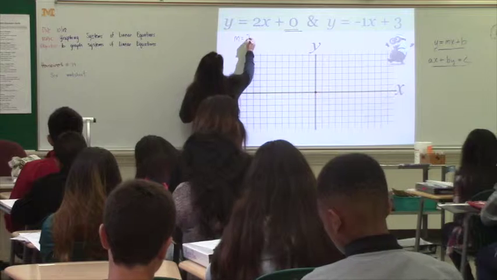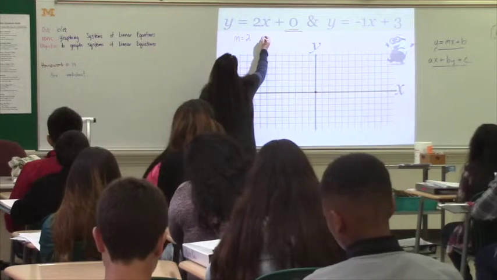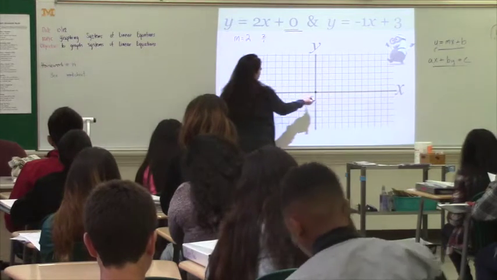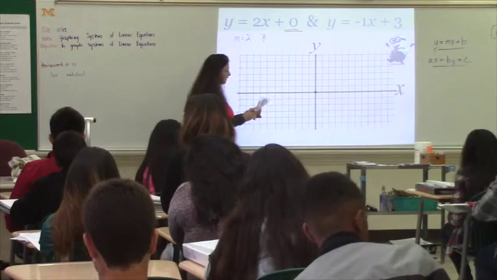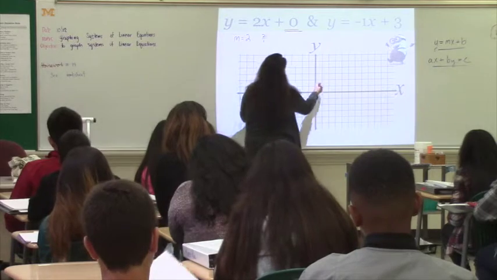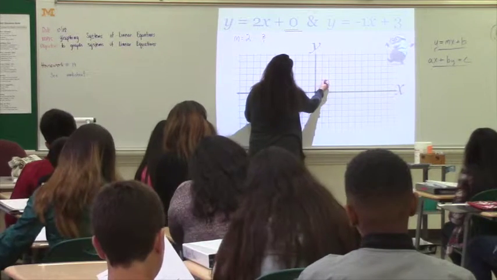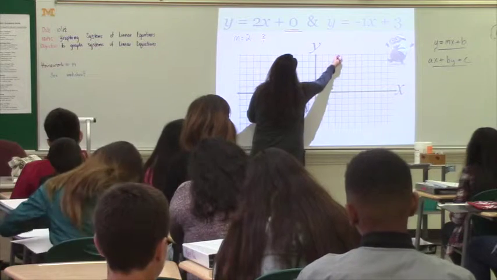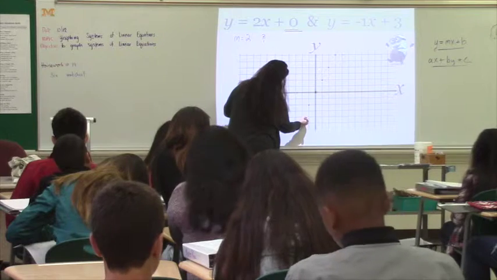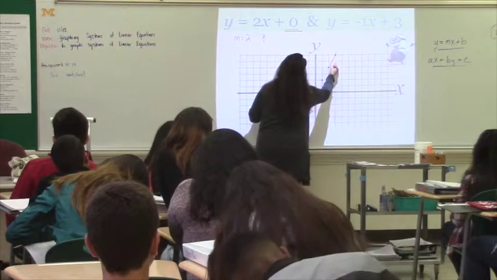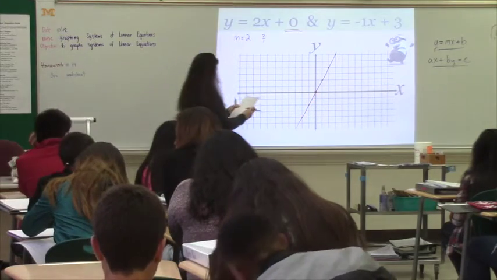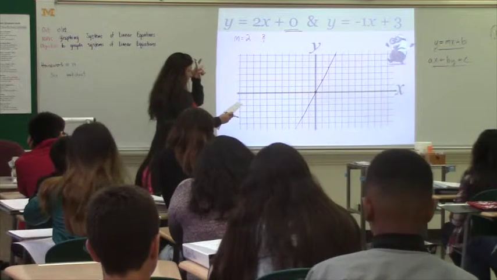M equals 2, or you can also write it 2 over 1. So you're going up 2 and to the right 1. So that's what you're going to put in the second box. You're going to rise up 2 and over 1. All right, so that's how you're going to do the first one.